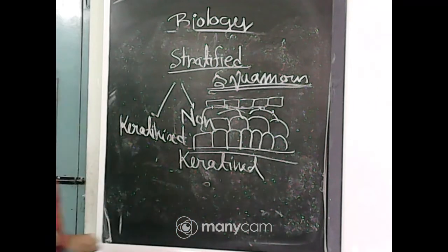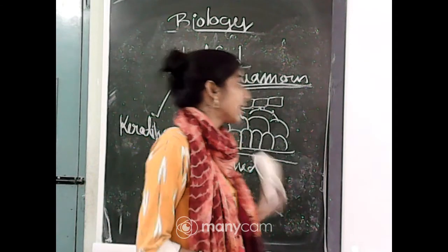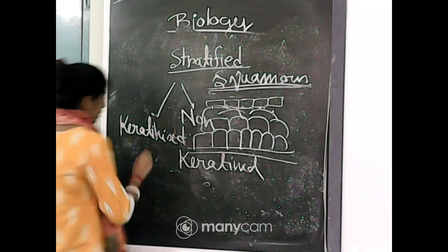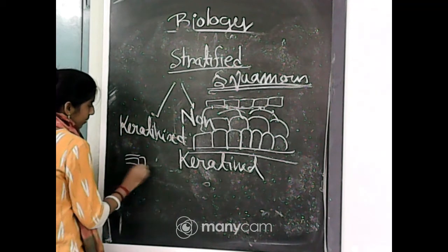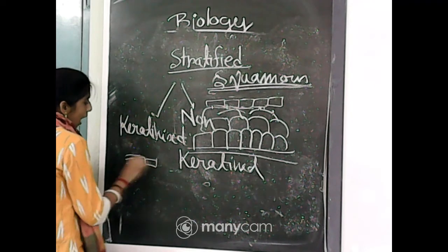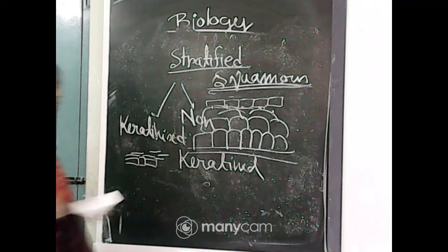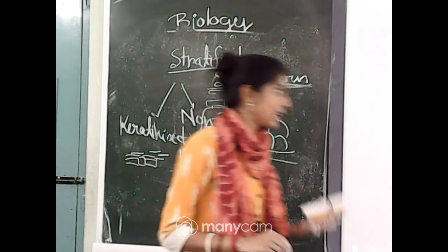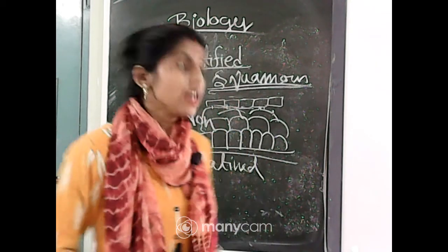In keratinized stratified epithelium, above the upper layer there will be a layer of keratin. That particular tissue is called keratinized, and where keratin is absent it is called non-keratinized.